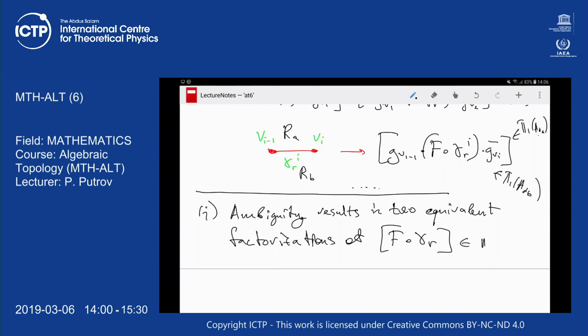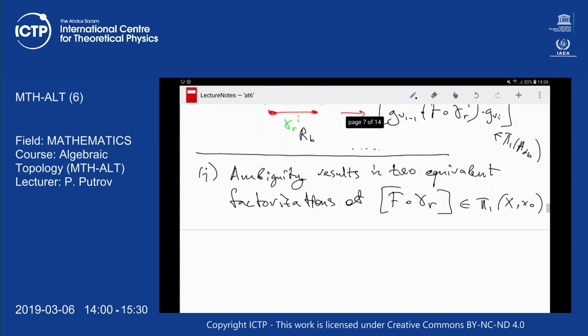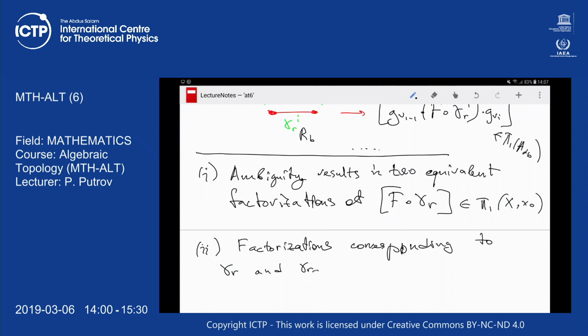This is some element of pi 1 of X. Another statement which we will need is that the factorizations corresponding to paths gamma r and gamma r plus 1 are also equivalent.